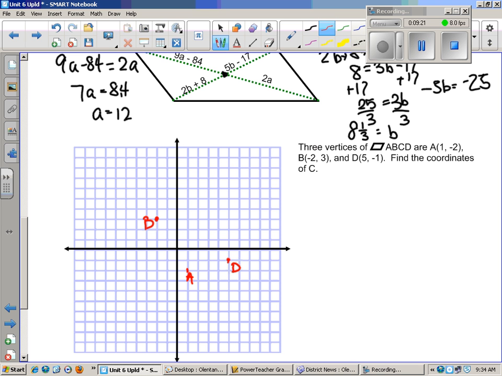All right? Then the things I know about parallelograms is that the opposite sides are congruent, the opposite sides are parallel, and diagonals bisect each other. So which of those 3 characteristics do you think I'm going to use to find C?